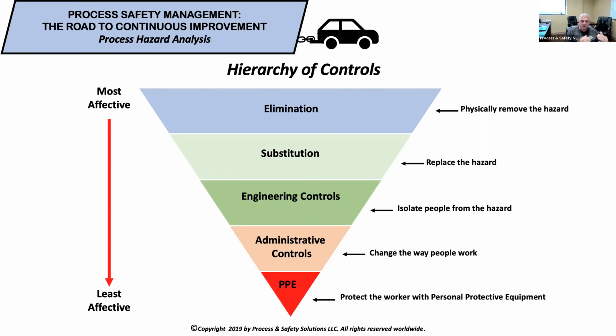And then apply engineering controls. Engineering controls are things like interlocks and safety instrumented systems and alarms, et cetera. Administrative controls are usually those things such as procedures, et cetera. And then the last thing that we should be looking at is additional PPE when it comes to mitigating risk to our process.